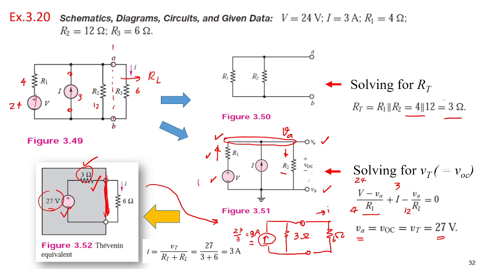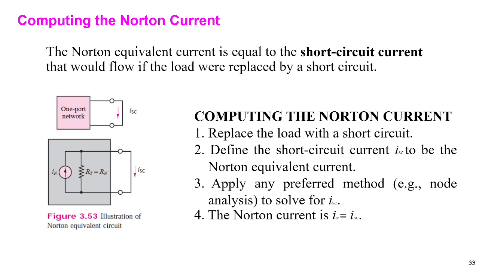If you get Thevenin, you will get Norton very easily. Here is how to compute the Norton current: you just short circuit at the port right here. You get ISC as I Norton, and R Thevenin and R Norton are the same, because shorting here is similar to shorting here.